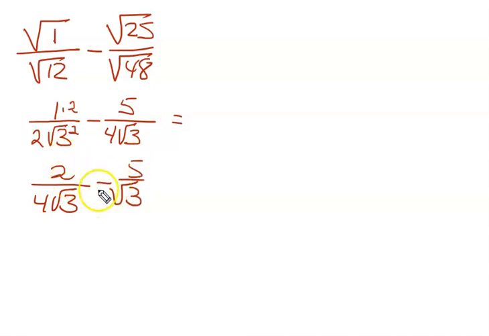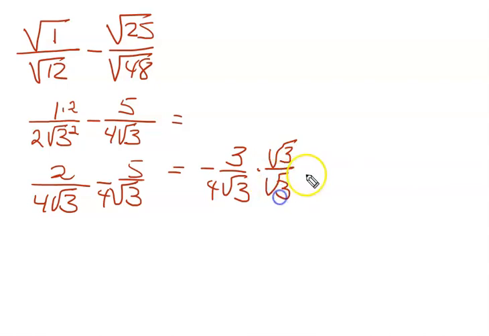So when I do that subtraction here, I'm going to get negative 3 on the top over 4 square root of 3. Now to rationalize my denominator, I have to multiply it by 1 in the form of square root of 3 over the square root of 3.